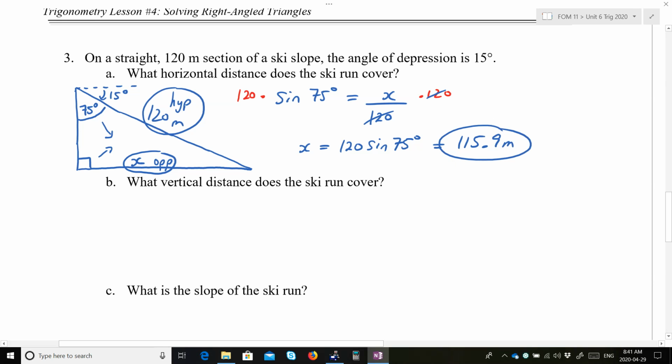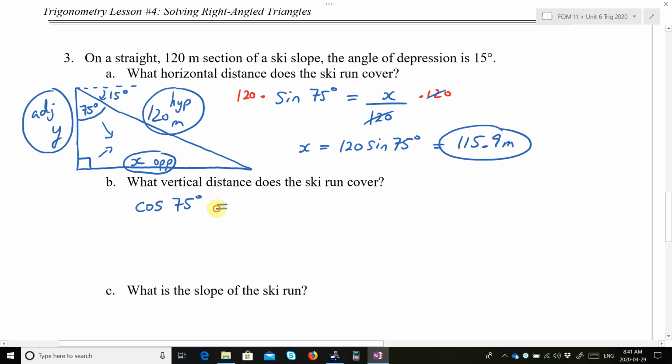Okay, and part B. What vertical distance does the ski run cover? So the vertical distance is right here, y. And that, if we use the 75 degrees, we've got opposite across here, hypotenuse across from the 90, so this is the adjacent. So we're looking for the adjacent, and why don't we use the hypotenuse that they gave us, because that was an exact 120 figure. So adjacent over hypotenuse, adjacent and hypotenuse comes from cos.